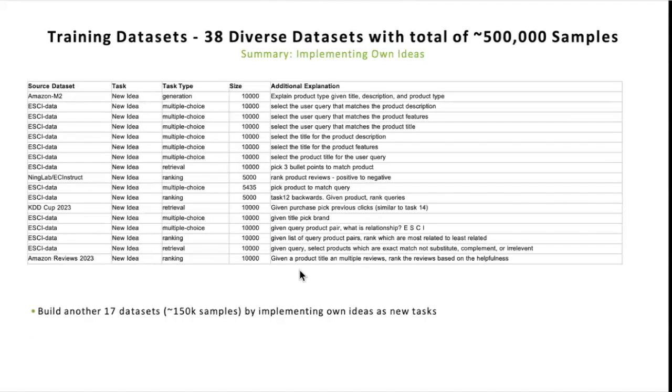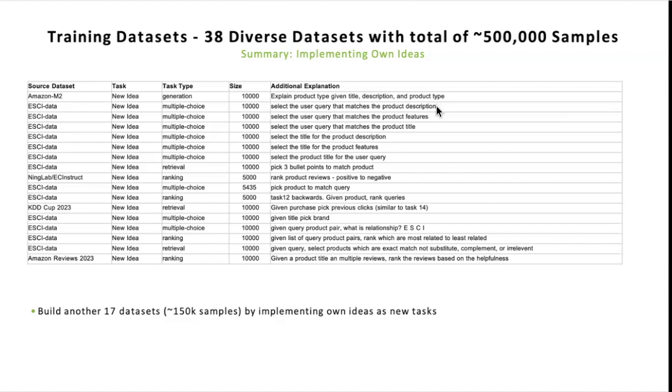So basically their idea is, oh, maybe we can add more tasks because we don't know the full scope, right? So they get some new ideas about how to create additional tasks beyond what they know from the few examples. For example, explain the product type given the title and description, and select the user query that matches the product description.